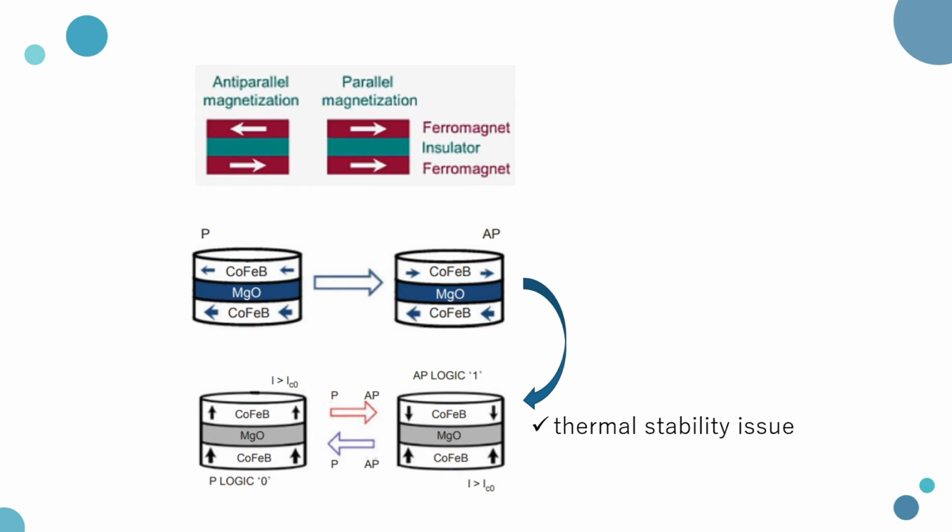In order to solve this problem of thermal disturbance, we can use perpendicular magnetic anisotropy. Here is an example. When the spins tend to align in the same direction, the signal will be 0. However, if they are in opposite directions, the signal will become 1.